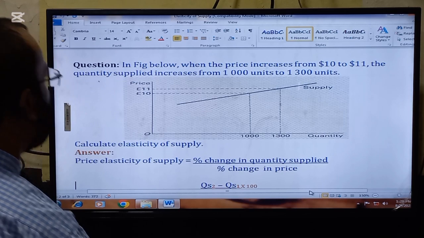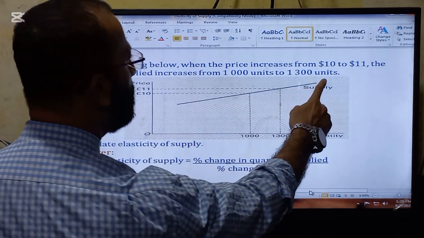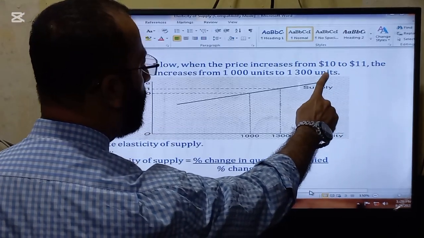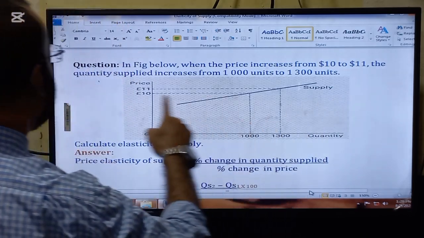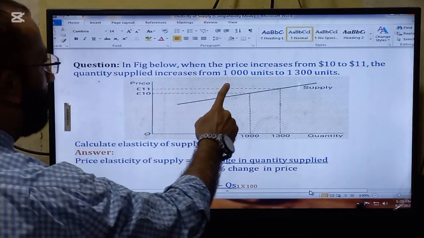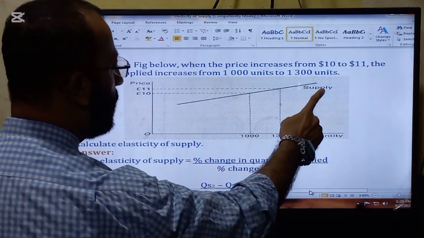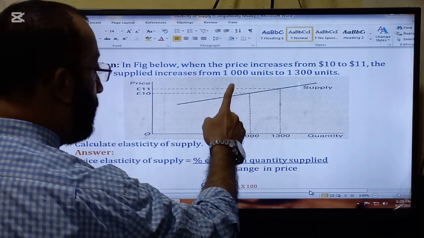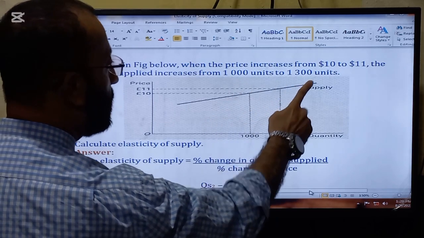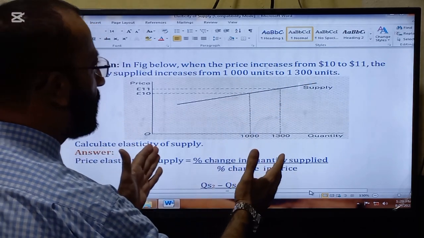Here is another question. In the figure below, the price increases from 10 to 11, so this is the initial price and this is the final price, and the quantity supplied increases from 1000 to 1300 units. So this is the initial supply and this is the final supply.